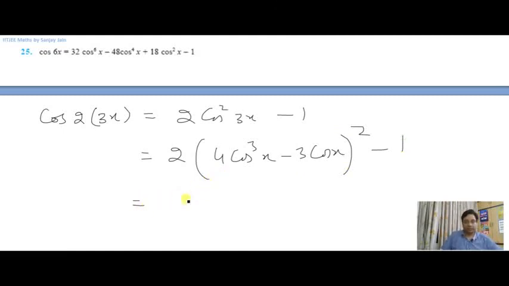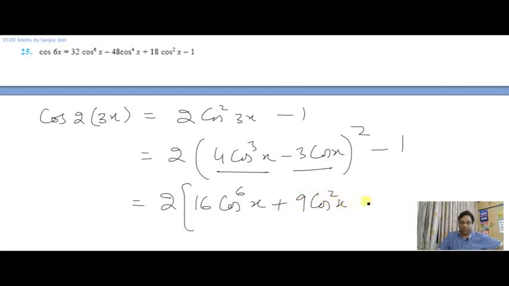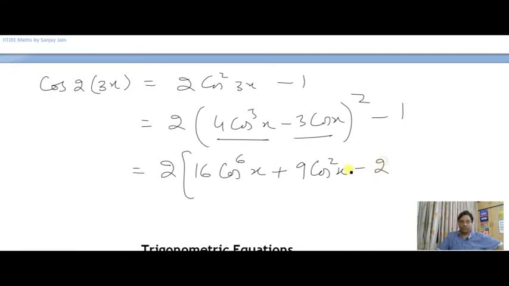So it will be equal to 2, and square of this will be 16 cos 6x plus square of this 9 cos square x minus 2ab. So twice of this into this. This is 4 into 3 12 into 2 24 cos raised to power 4x, and then there is this minus 1. So if you see, this was a simpler way.